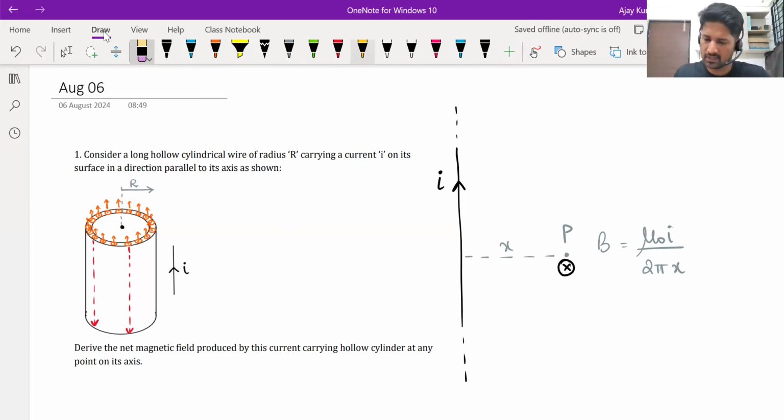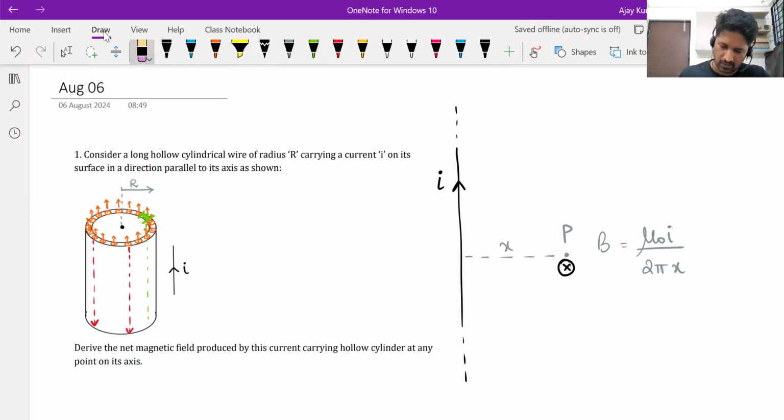So what we'll do is we'll consider an element first, some part of this cylinder surface. Let's say this section. Now you can see there's a current flowing there in that section, some current flowing there like this. Let's consider that it's a straight current. So the current direction is shown by the arrow.